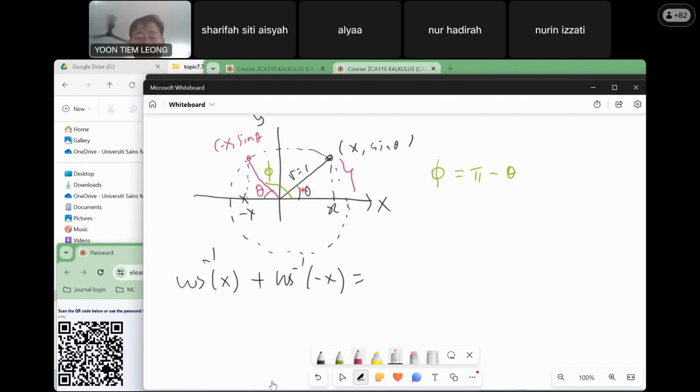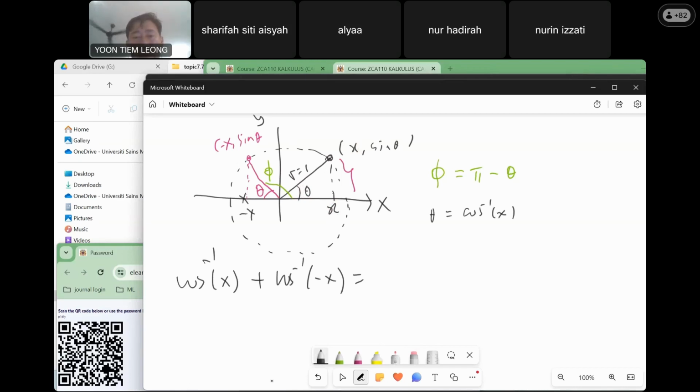Once you have written down that, then I'm going to write down 2 relationships that would relate the cos of the angle theta and x. The first very simple relationship to write down, in the form of an inverse trigonometric function, is that theta is just equal to arc cos of x.